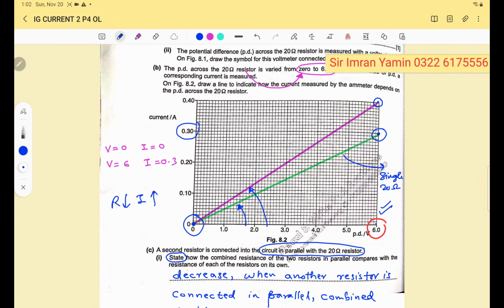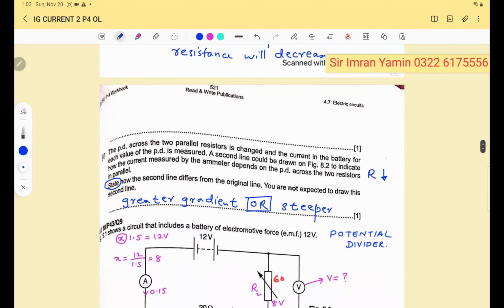When another resistor is connected in parallel, the total resistance decreases. When the total resistance decreases, the current through the combined resistance will increase, so the gradient of the graph is increased. So this question is also completed.